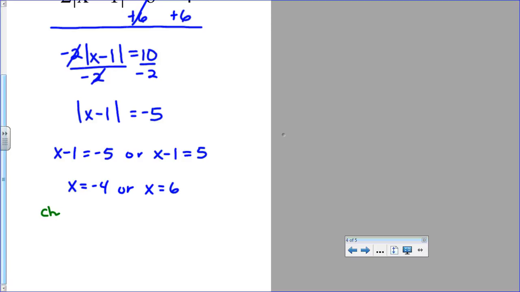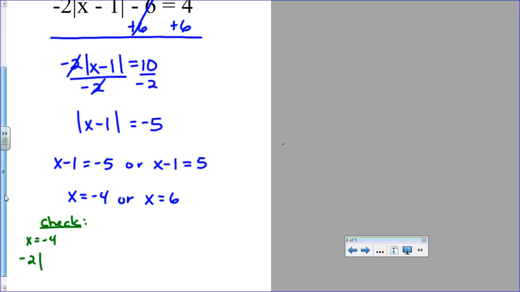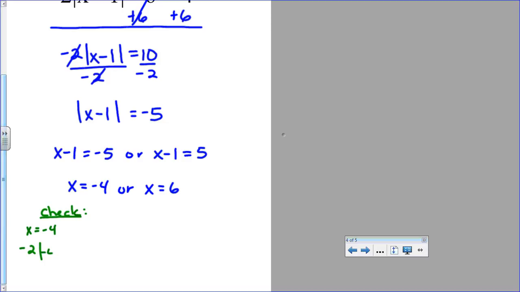And I go and I check this, because that's what we should do. We should check. And I go back to the original. So I'll start with checking x equals -4. It's -2, -4 minus 1, -6 equals 4.